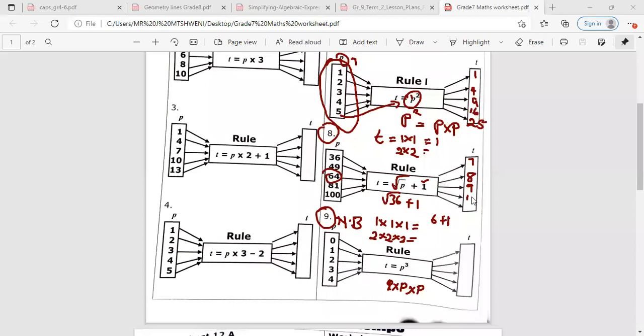So just fix this. This will be a 10. The square root of 100 is going to be 10. 10 plus 1, 11. That's how you do the input and output values. I hope that you did understand, and you do number 9.